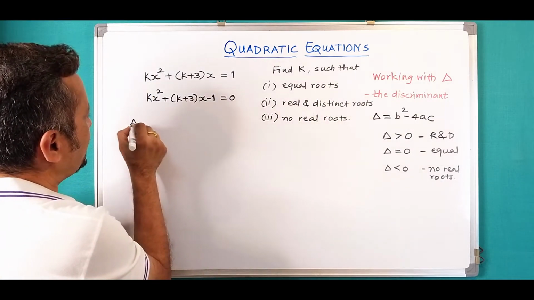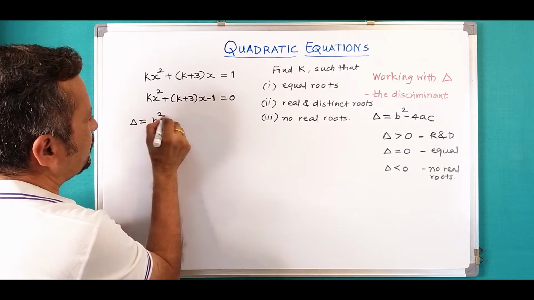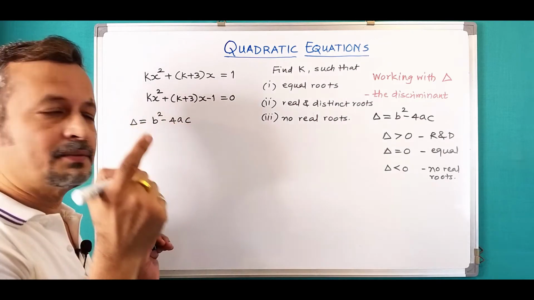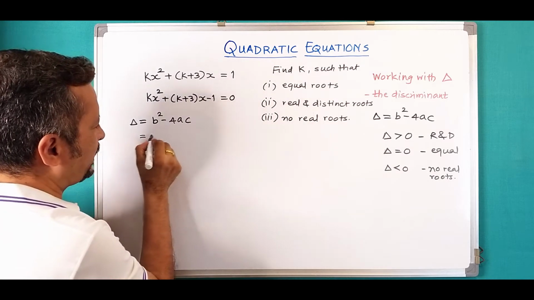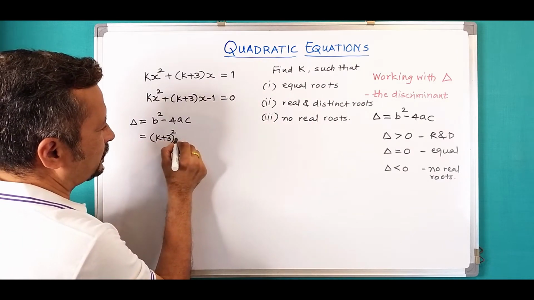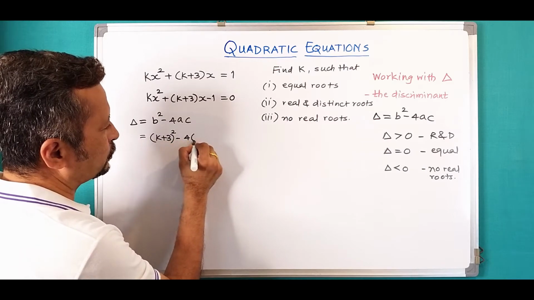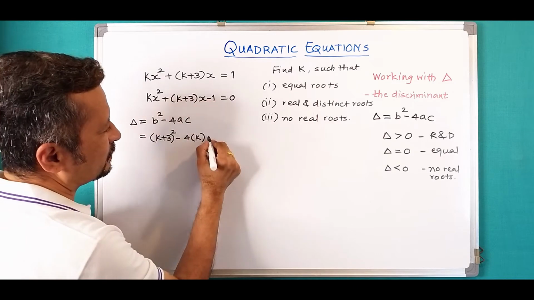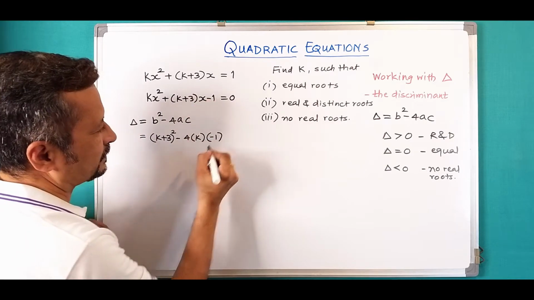My delta is equal to b square minus 4ac. Here what is my b? My b is k plus 3. So I'll write (k plus 3) square minus 4 into a, which is k, and c is equal to minus 1.